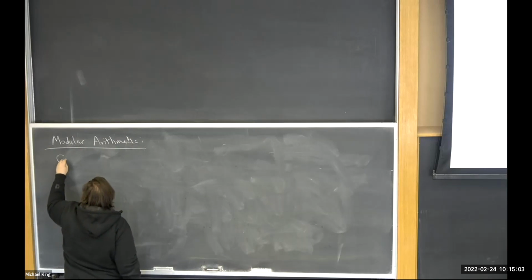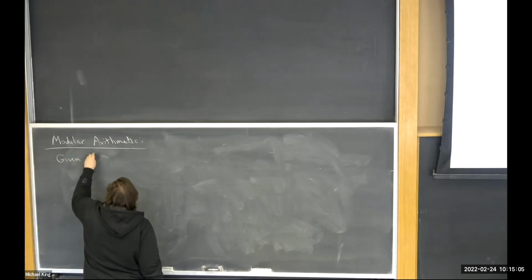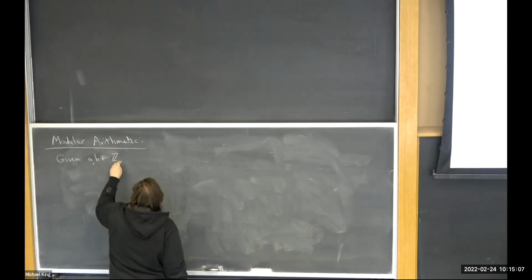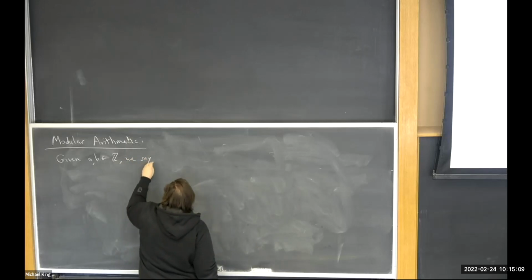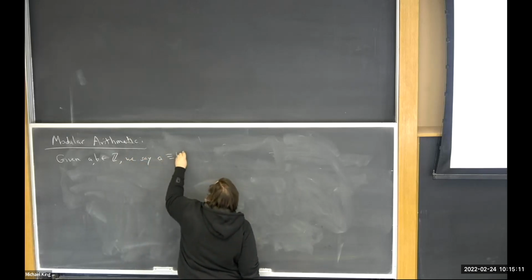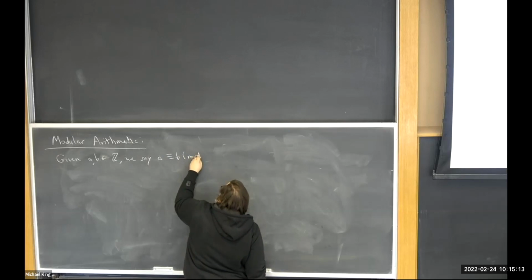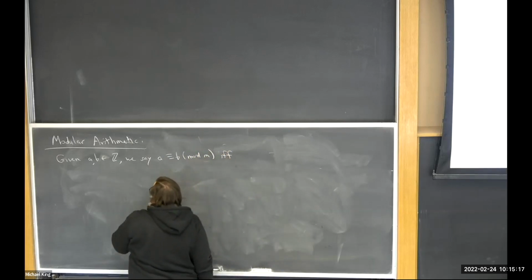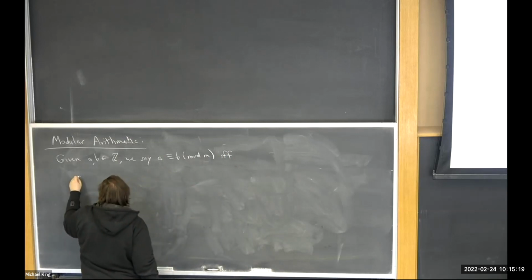Given A and B in the integers, we say A is congruent to B mod M if and only if, I'll give you 3 equivalent definitions.